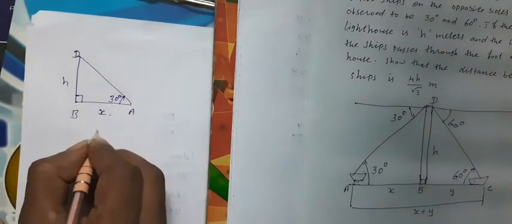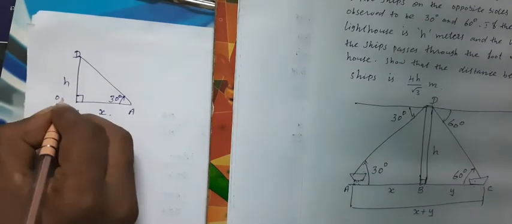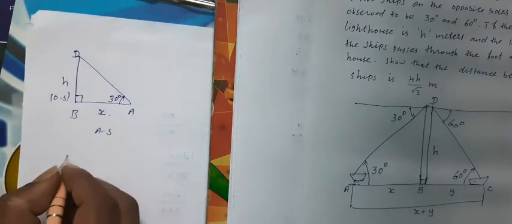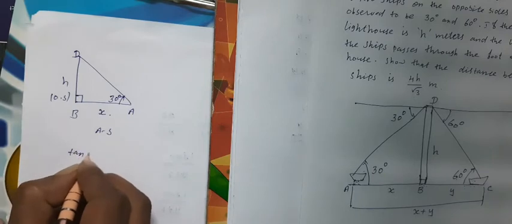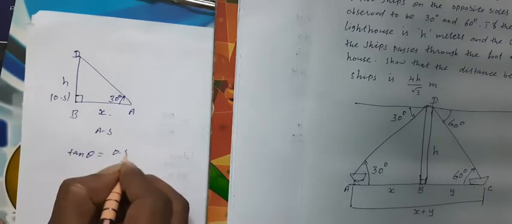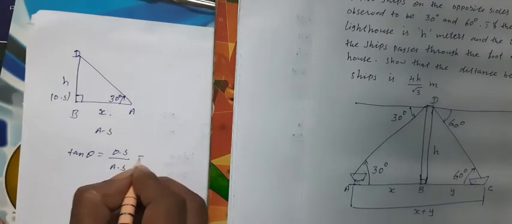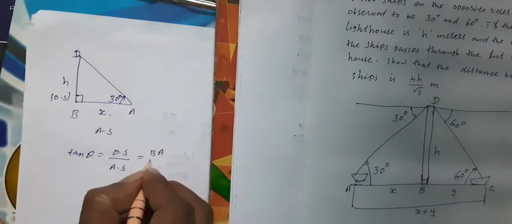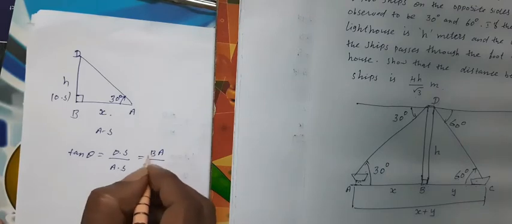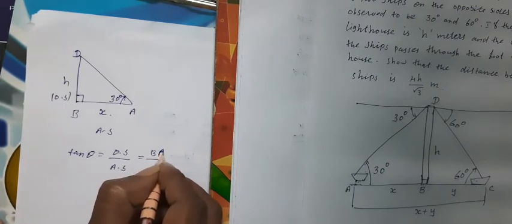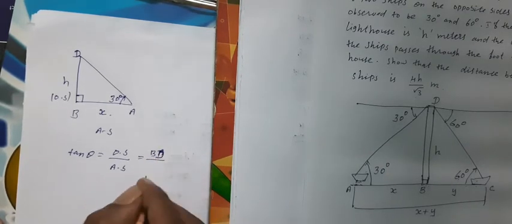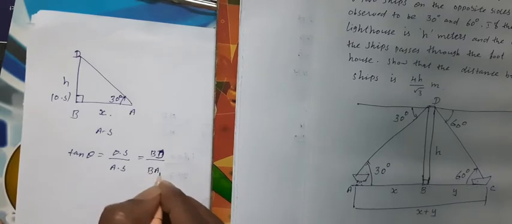Here we have the adjacent side and the opposite side, so tan theta is equal to opposite side by adjacent side, that is BD by BA.